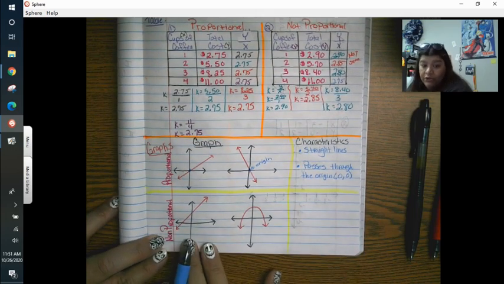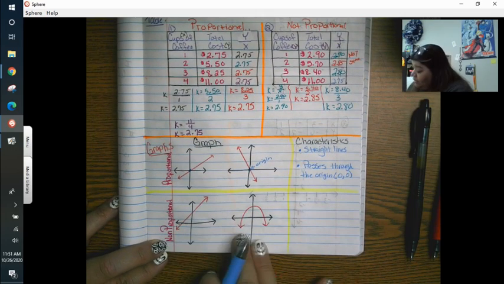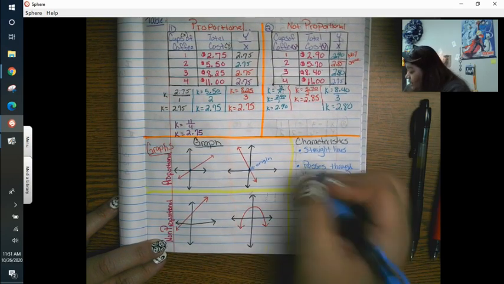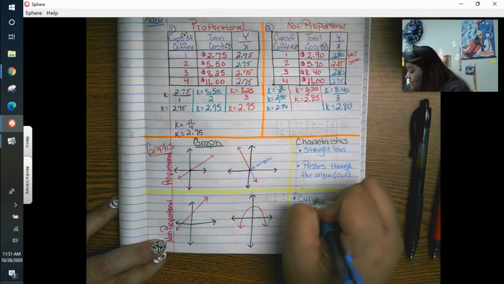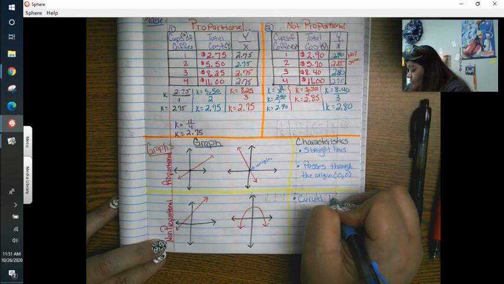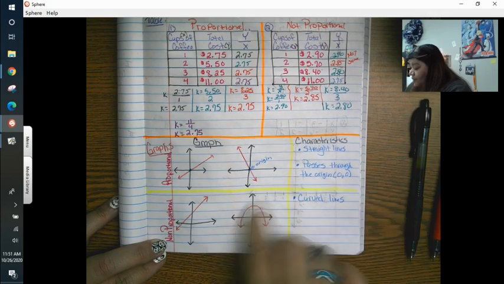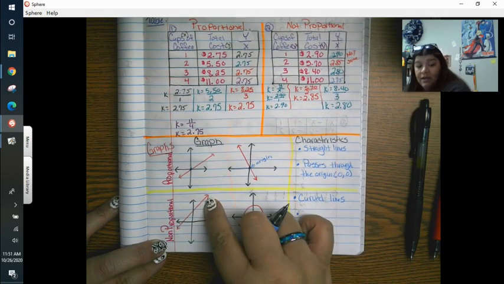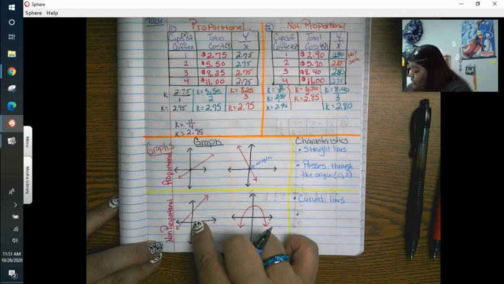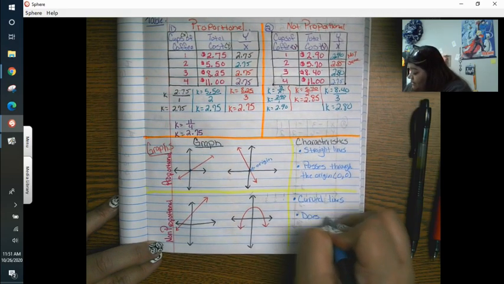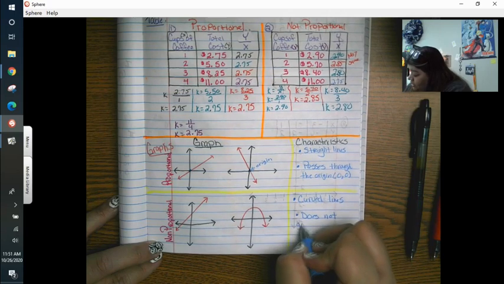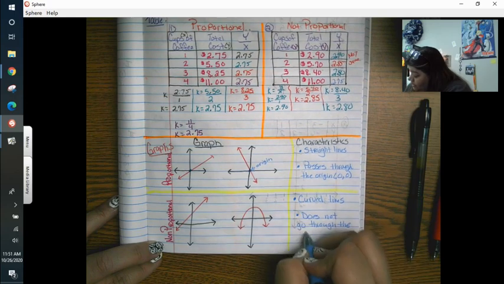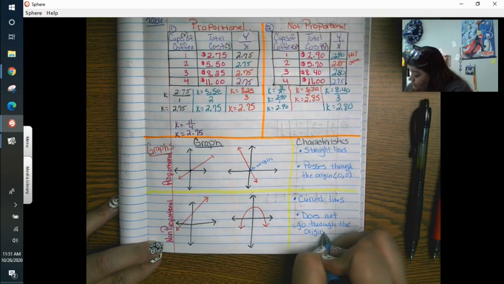Now, the non-proportional graphs are easy too, okay? Characteristics of non-proportional graphs, they're curved, okay? We have curved lines. Okay, they're not straight. And also, here's a straight line, but what makes it not proportional is it's not going through the origin.